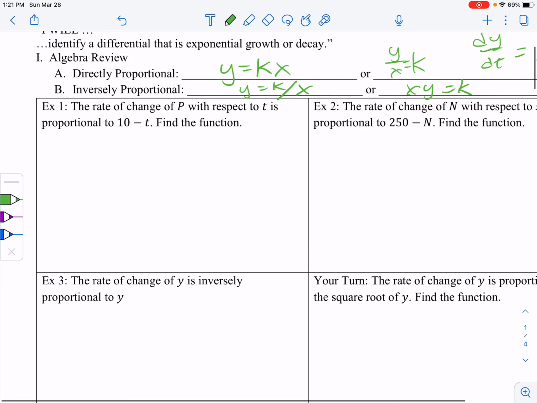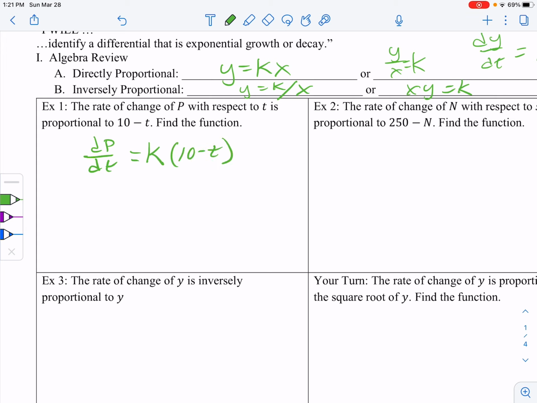So the first thing you're going to do is read the problem. It says the rate of change of p with respect to t. So dp over dt is proportional to 10 minus t. And now we're going to separate our variables like we did yesterday.